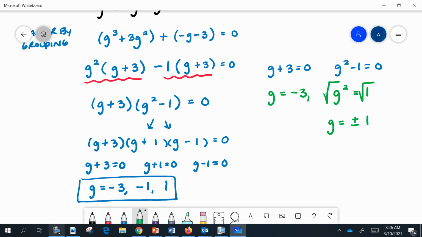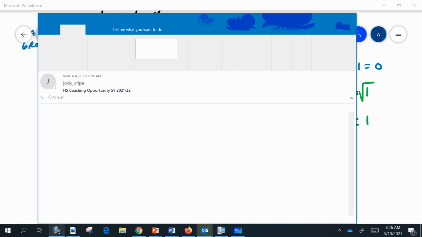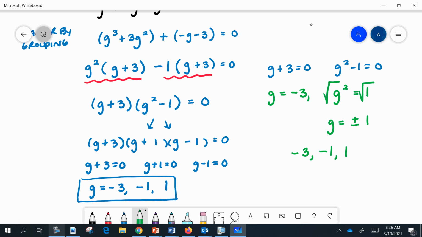Well, the square root of 1 is just 1. So either way, whether you factored the g squared minus 1 more or you just set it equal to 0 and solve it, you're going to get negative 3, negative 1, and positive 1. Okay? So that just shows a little bit the flexibility that you can have when you're solving this, that sometimes there might be a couple different ways to go about it.